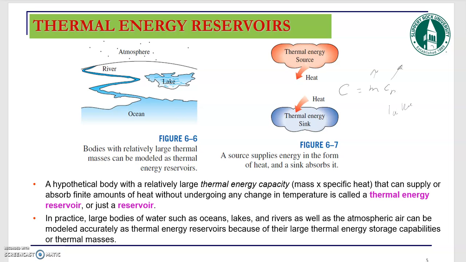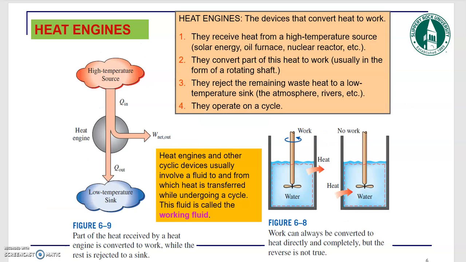So with that, we want to start talking about the engineering devices. The first one is the heat engine. If you look at this picture on the bottom right, you see that there is a paddle wheel working. Work is applied to this, it rotates, and the work is converted to heat directly, no problem.